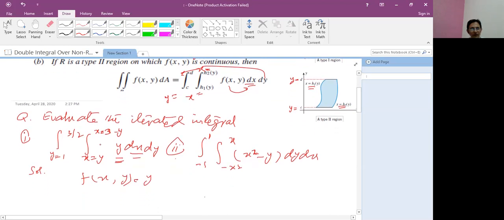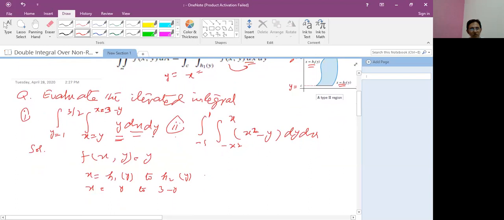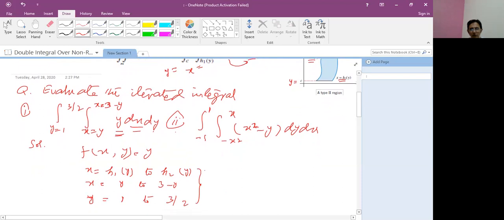What is the limit of x? The limit of x is h1 of y to h2 of y. It means the limit of x is y to 3 minus y, in terms of the y variable, and the limit of y is constant from 1 to 3 by 2. So that's why we call it type 2 region.